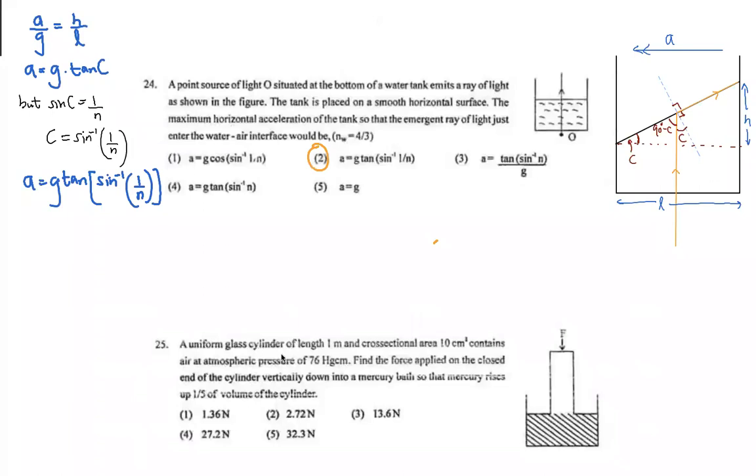Next, 25. A uniform glass cylinder of length 1 meter and cross-sectional area 10 centimeter squared contains air at atmospheric pressure 76 centimeter mercury. Find the force applied on the closed end of the cylinder, vertically down into a mercury bath, so that mercury rises up to 1/5 of the volume of the cylinder.